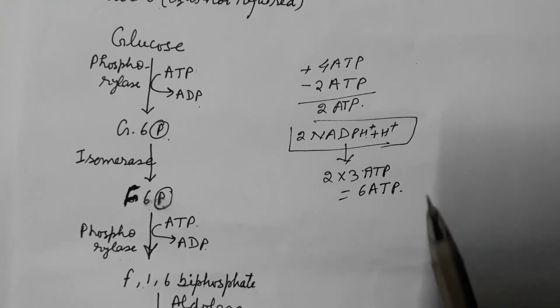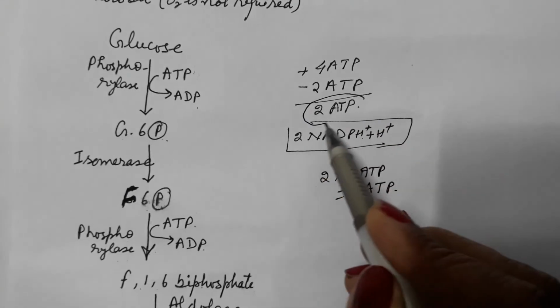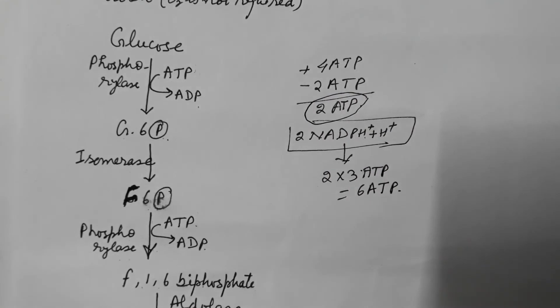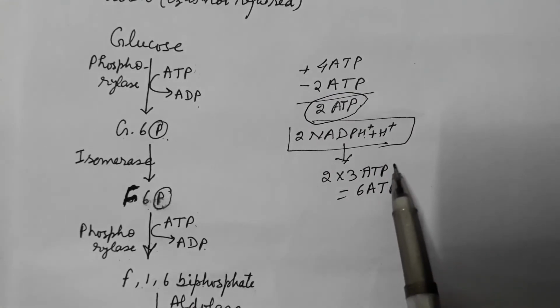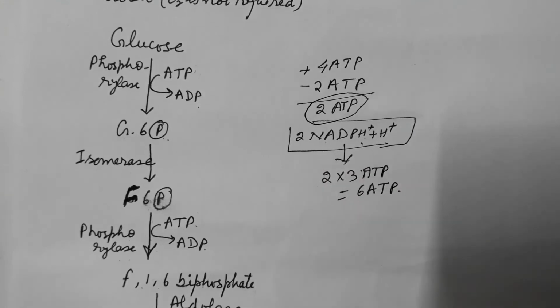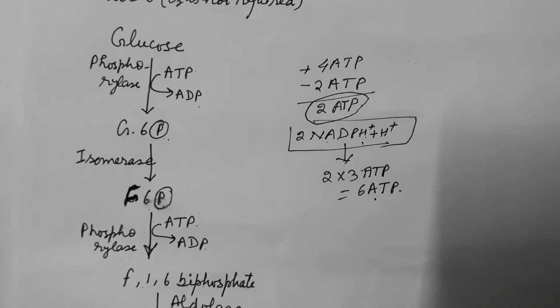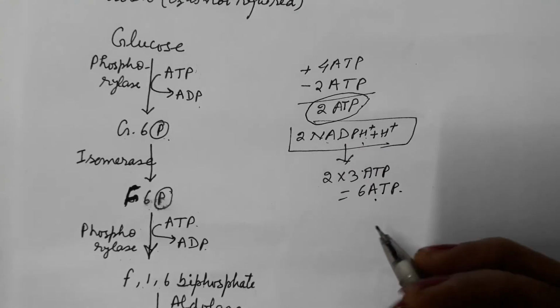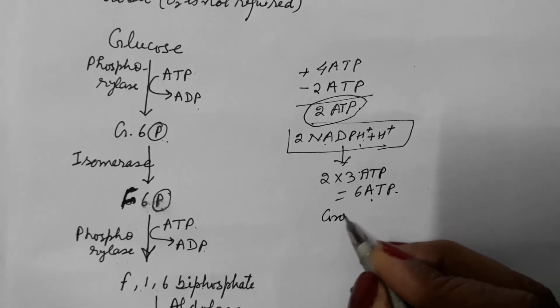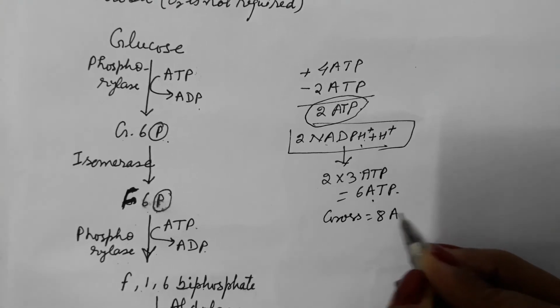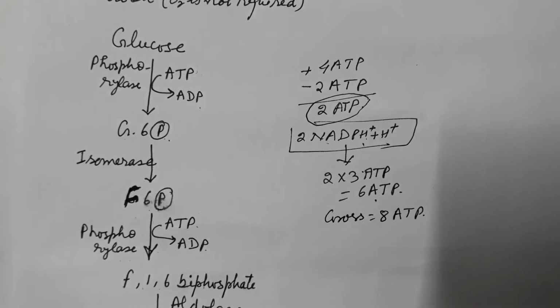So on the whole in glycolysis 2 ATP are produced, and during aerobic respiration when we encash these NADH in the last step of aerobic respiration, it gives rise to 6 ATP. So there is a gross gain of ATP, that is 8 ATP, in aerobic respiration.